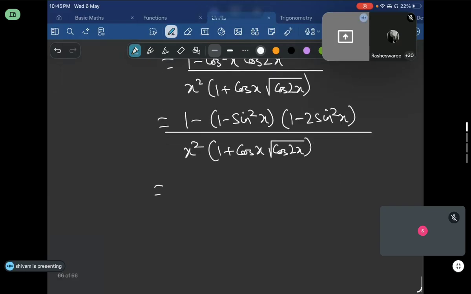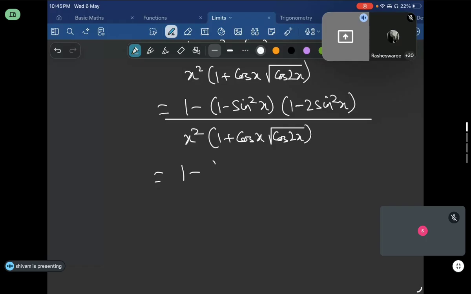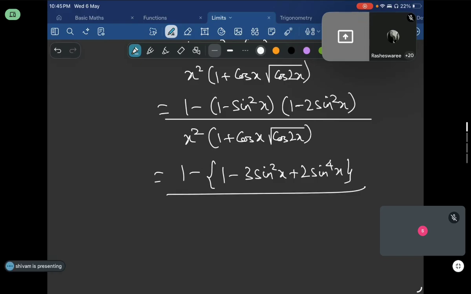Next, this will give us 1 minus, within brackets, 1 minus 2 sine square x minus sine square x, that is 3 sine square x, plus 2 sine to the power 4 x. This whole thing is divided by x square into 1 plus cos x into root over cos 2x.